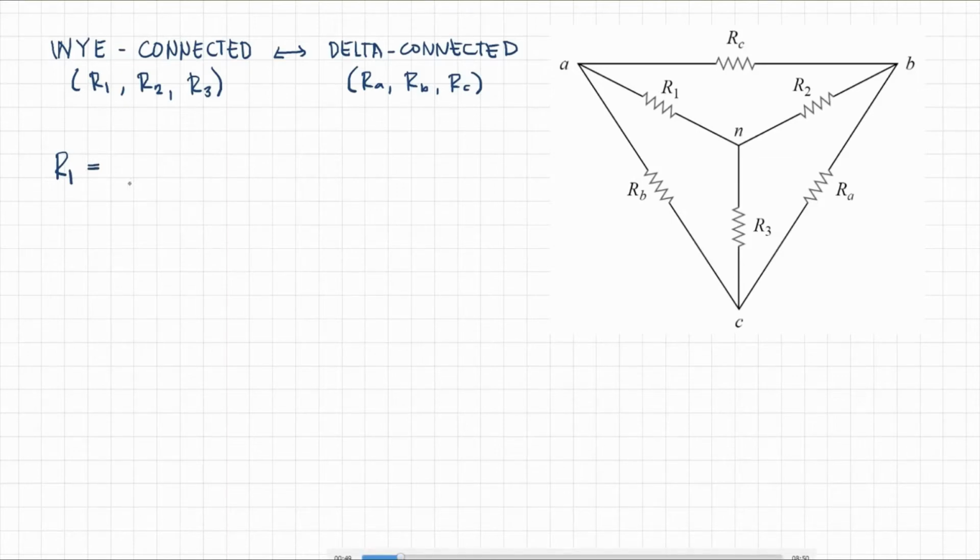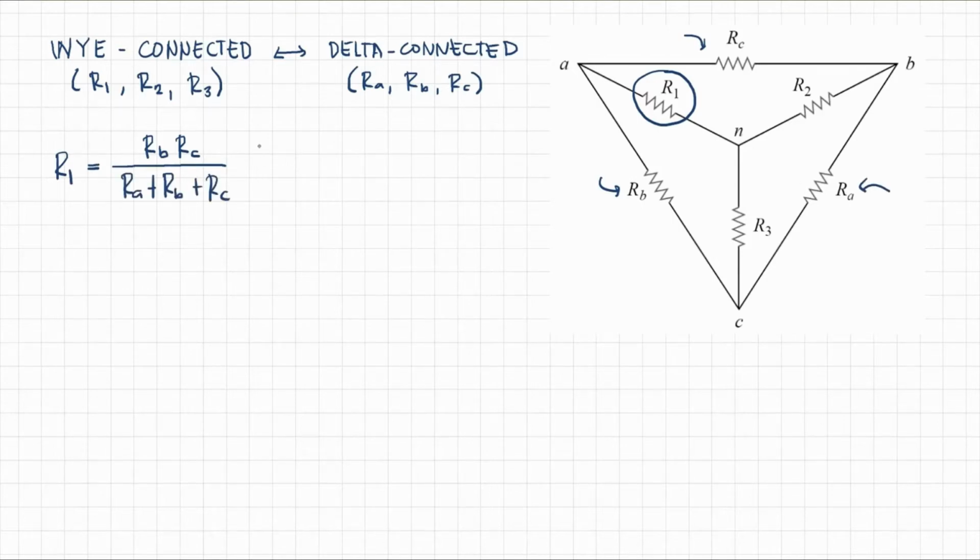Let's continue. For R1, based on the books, we can multiply the adjacent values. So for example, in this case, si R1, ang katabi niya ay si RB and RC. So we just have to multiply that. That would be our numerator, and the denominator would be the sum of the resistances in delta. In other words, that is RA plus RB plus RC.